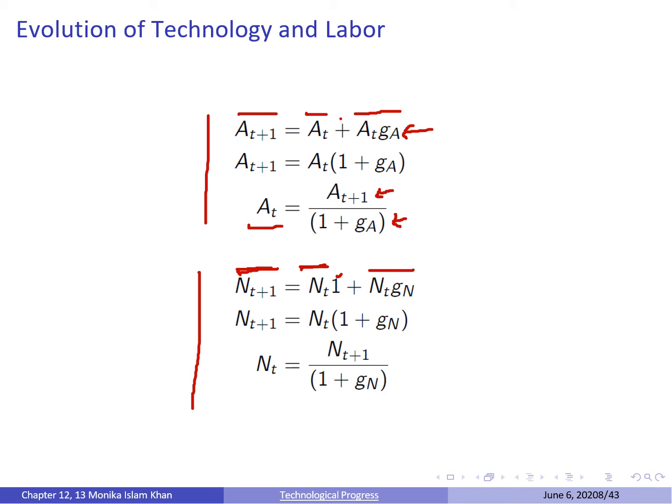So your total labor supply at time t times the growth rate. So this is your evolution of labor, and you can rearrange this equation to make it look like this. So your labor supply at time t is equal to labor supply at time t plus 1 divided by 1 plus growth rate of your labor supply. And we will need these equations to find out the evolution of capital accumulation in the next slide.